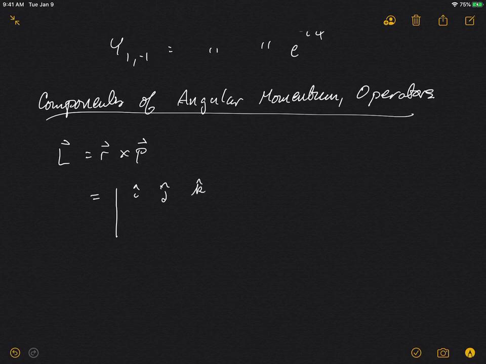Those are our unit vectors along the x, y, and z axes. First row is the unit vectors, second row is r, which is x, y, and z, and for a cross product, for the second argument you would put in the next row, p_x, p_y, p_z.